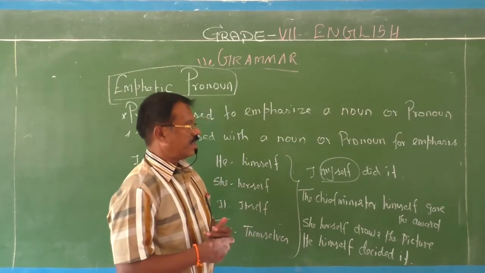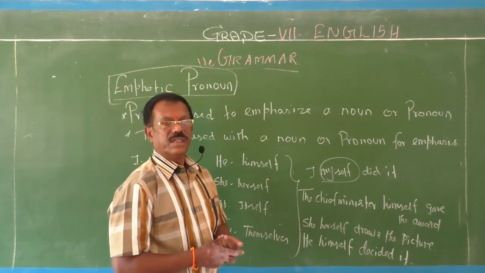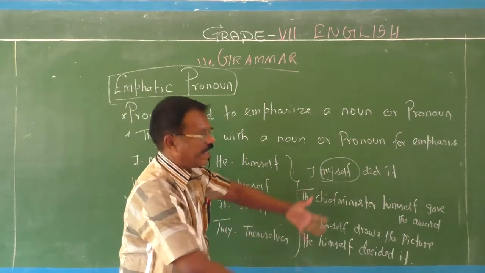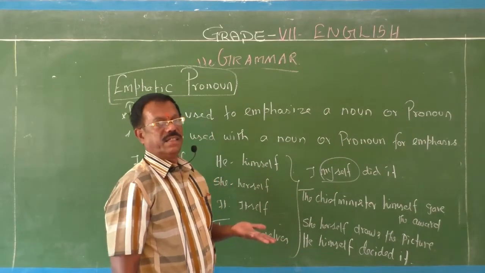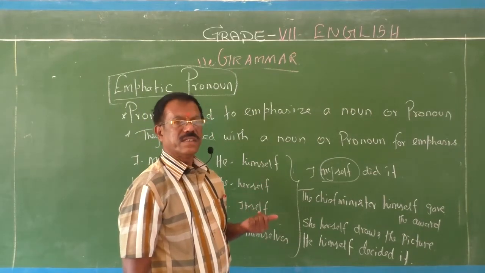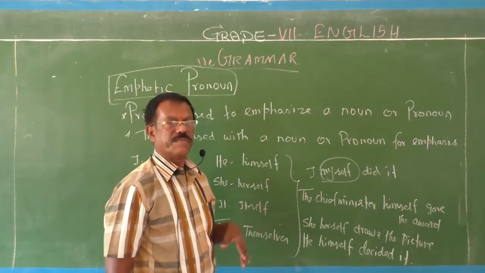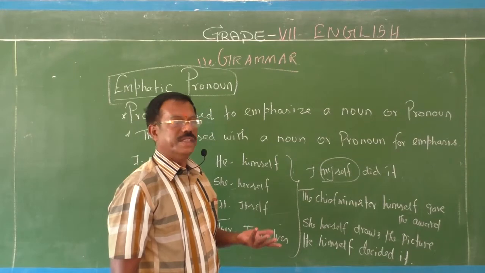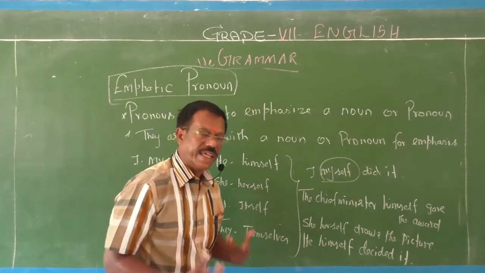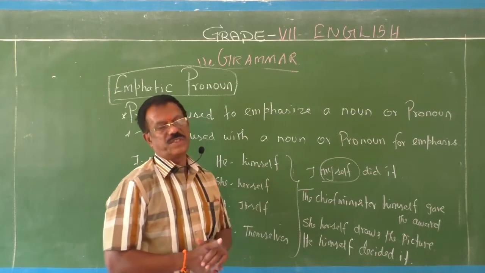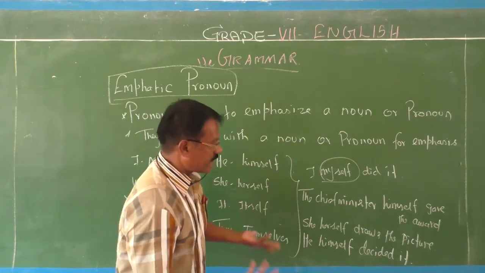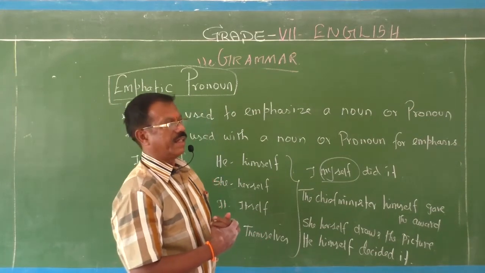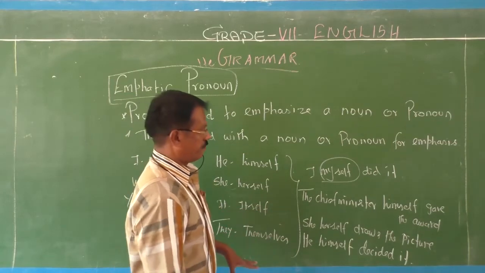The chief minister himself gave the award. He didn't keep anyone with him to help him. So he himself gave the award. So just to emphasize that, this himself is used with the chief minister. And then, she herself draws the picture. She doesn't get any help from anyone to draw the picture. Who has decided it? He himself decided it. Without consulting anyone, he himself decided it.